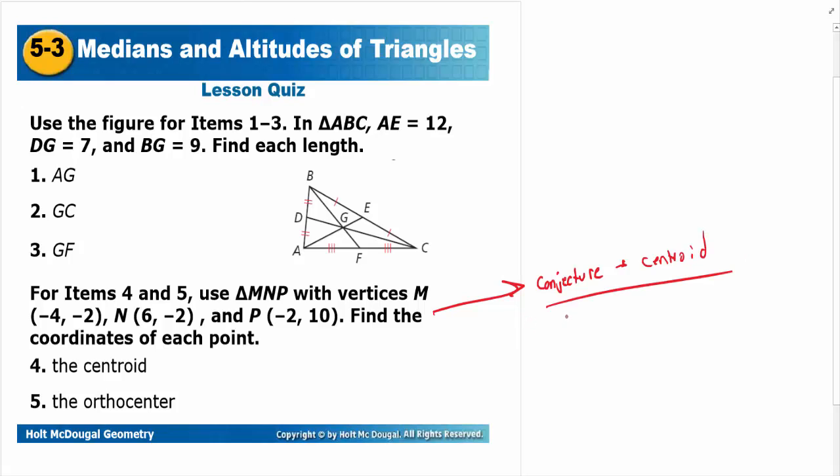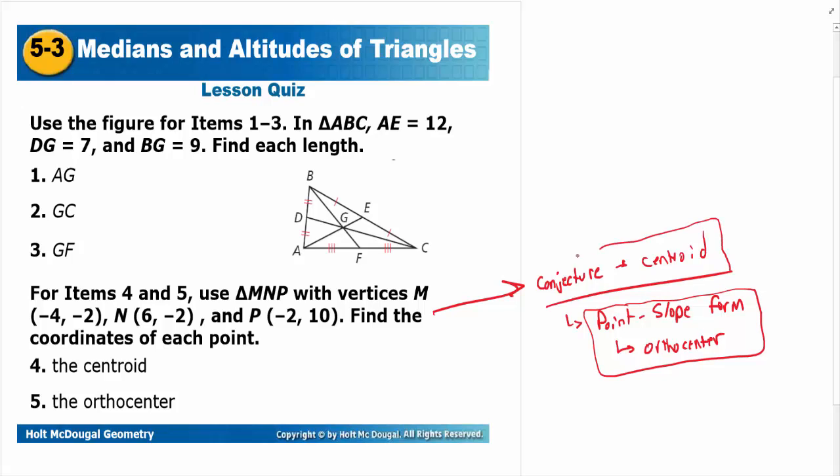And also point slope form. Use that for your orthocenter. Yes, it takes a little bit of algebra. That's expected of you, so you should be able to do that. Don't just try to eyeball it. Don't just try to throw something together. Use your notes. Your notes are there for a reason.